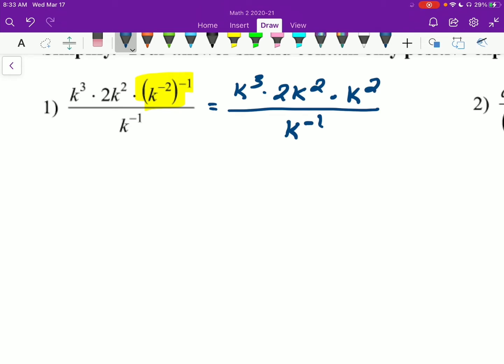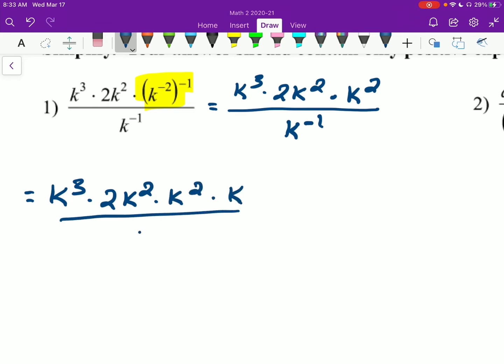All right, next up I want to look at my negative exponent on the bottom. That means that I need to flip it up to the top. So this is going to be equal to k cubed times 2k squared times k squared, and then times k. We could write this all over 1, right? This k on the bottom, k to the negative 1, has become a k on top now.